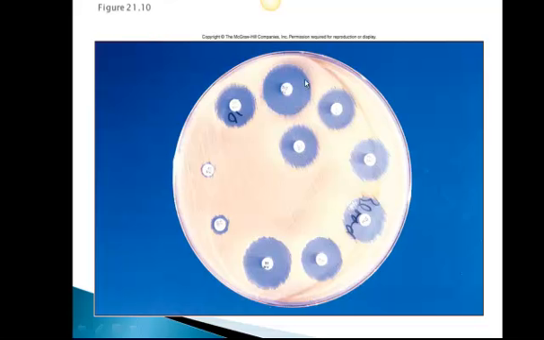They inhibit the growth of the bacteria within this region. You can see these two antibiotics have very little effect on the bacteria, whereas these two have a big effect. So if I was treating a patient clinically and had done this screen on the bacterial strain they're infected with, I would want to choose one of these antibiotics as my primary treatment option.